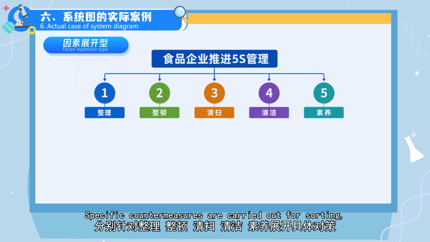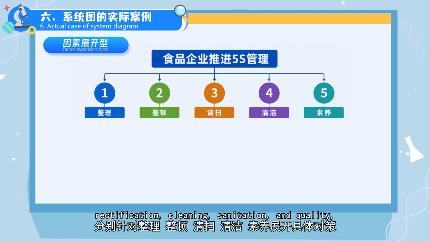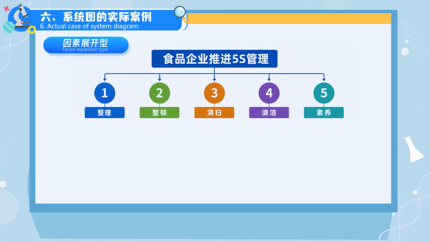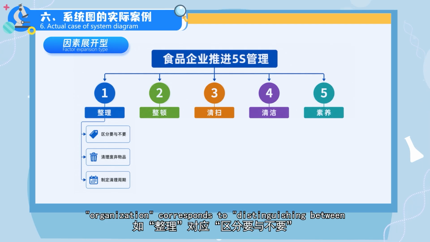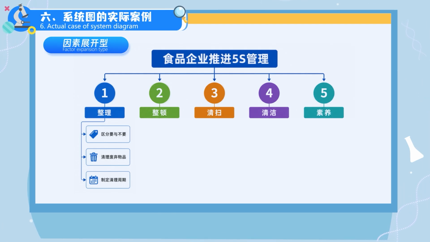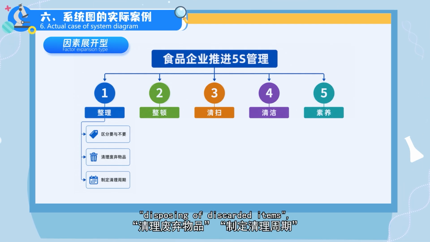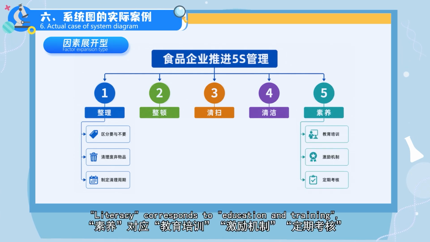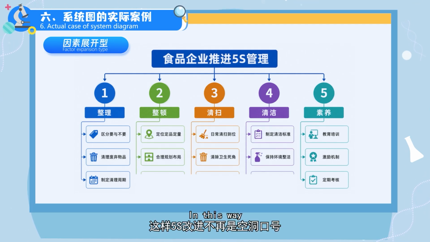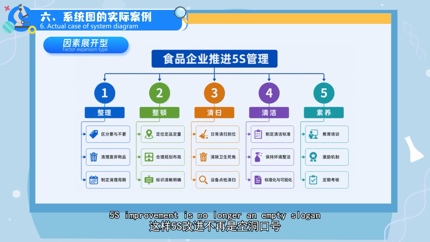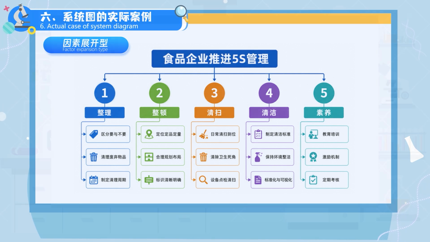Specific countermeasures are carried out for sorting, rectification, cleaning, sanitation, and quality. For example, sorting corresponds to distinguishing between what is needed and what is not, disposing of discarded items, and establishing a cleaning cycle. Literacy corresponds to education and training, incentive mechanism, and regular assessment. In this way, 5S improvement is no longer an empty slogan.